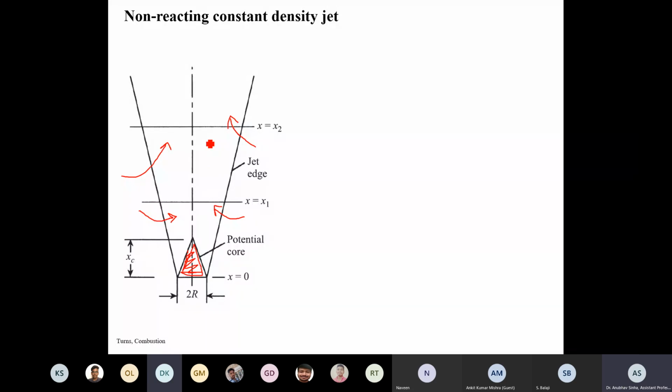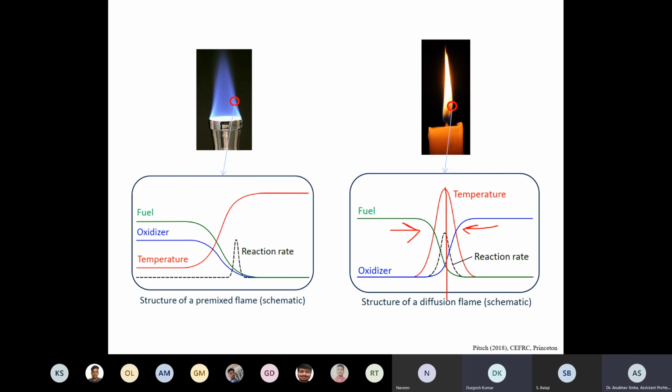Sir, in the previous slide, in the second diffused flame, the temperature will decrease gradually, because we use the heat for cooking also. Then the temperature does not fall directly to the initial temperature. So for example, LPG is mostly premixed flames.